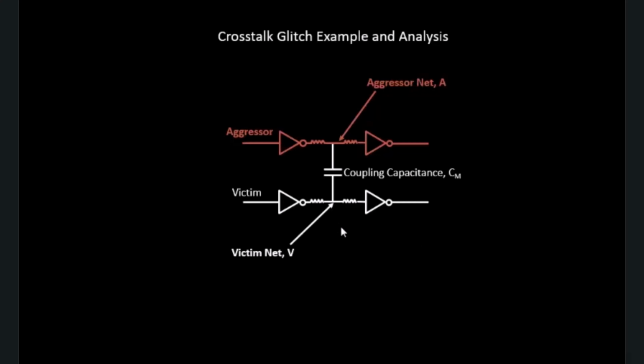Now let us draw the other capacitances, which are the grounded capacitances. Basically, whenever this capacitance is charged to logic 1, the output of the inverter will be detected as logic 1. Whenever this capacitance is discharged to logic 0, or basically the voltage on this capacitor gets to 0, the output of this particular victim will be logic 0.